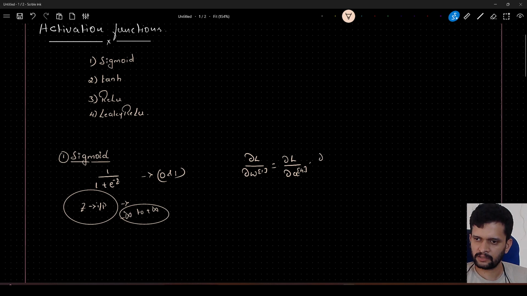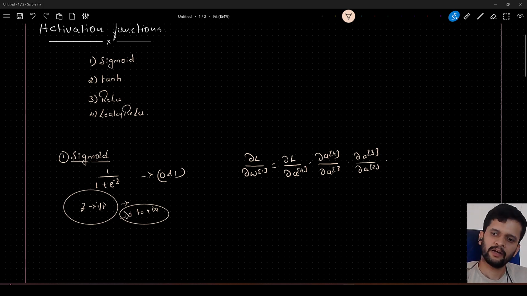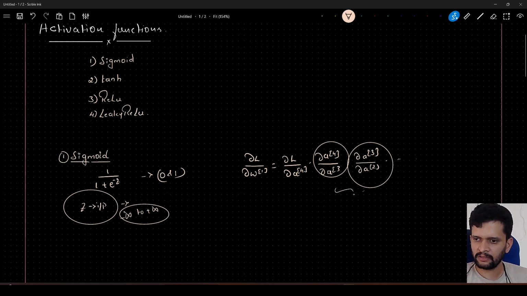So it is like this. Then derivative of A4 with respect to A3, derivative of A3 with respect to A2. So it goes on like this, right? So what are all these derivatives? These are all the derivatives of our sigmoid function.